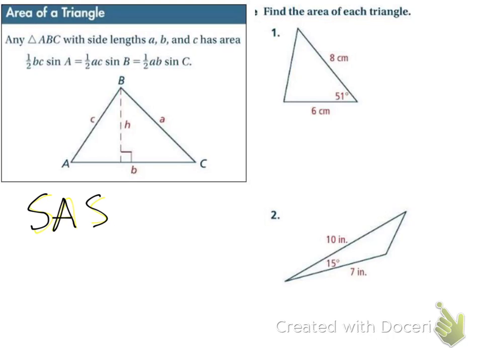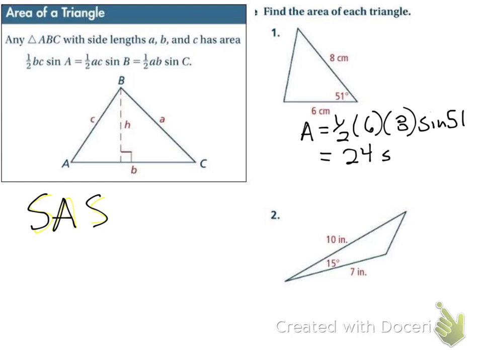So for number one, it's going to be area is 1/2 times 6 times 8 times sine of 51. Hopefully you haven't forgot how to work a calculator. Sometimes we can do things without the calculator, like, oh, hey, it's 24 sine 51.